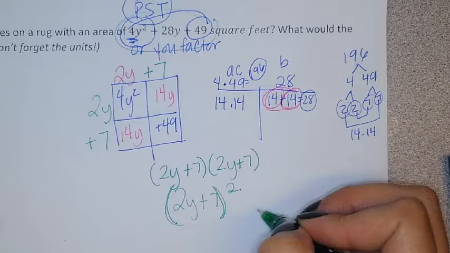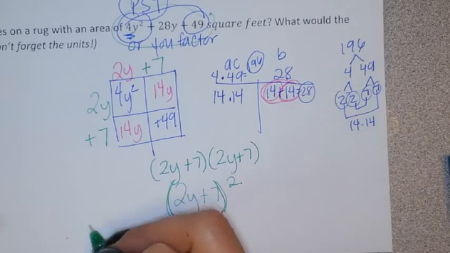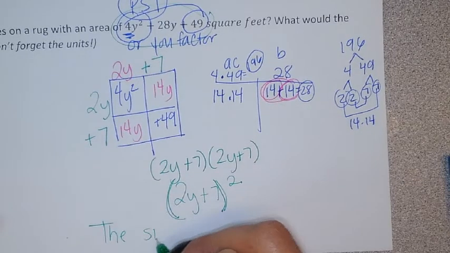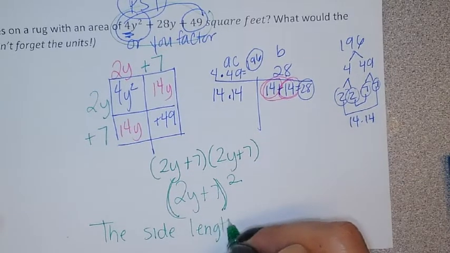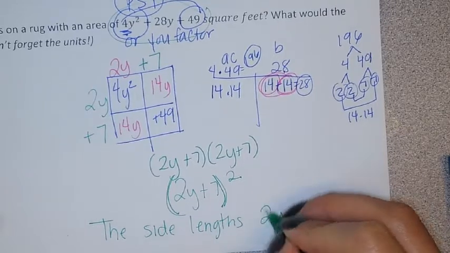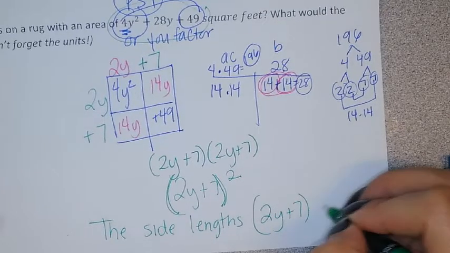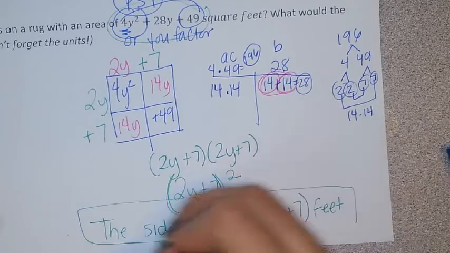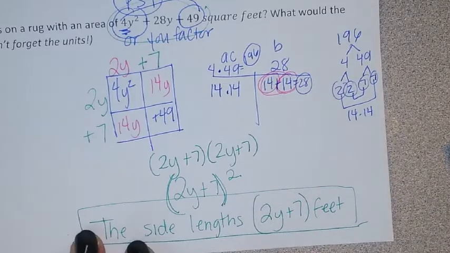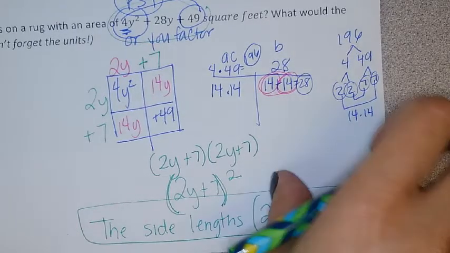So again, the side lengths would be 2y plus 7 feet. Alright, so now let's go ahead and go to the next problem.